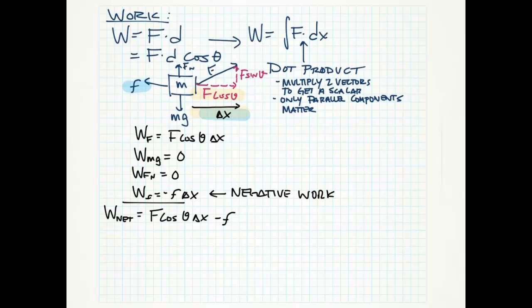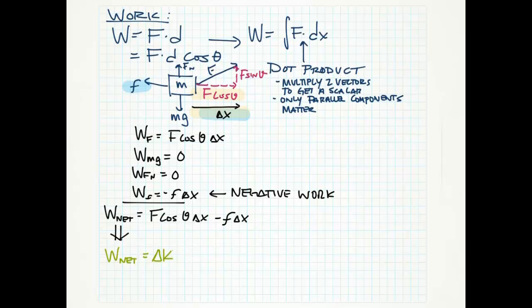And this leads us into our next thing, talking about what net work is. This is the Work-Energy Theorem. So here we've got net work, the sum of all of the work done by all of the forces acting on my object. Net work is equal to the change in kinetic energy of an object. Well, KE is what we used for kinetic energy last year.